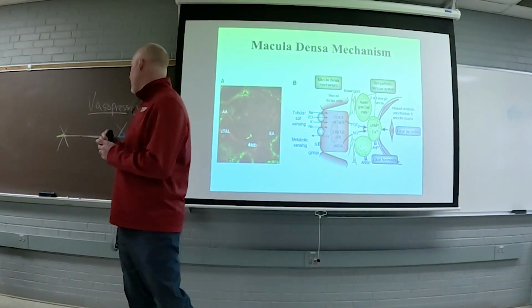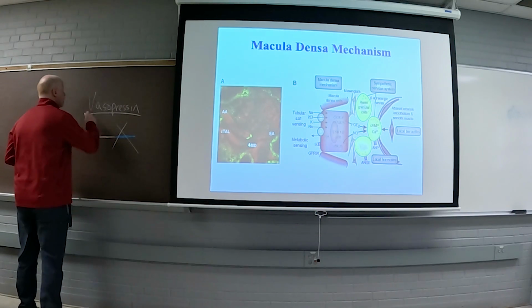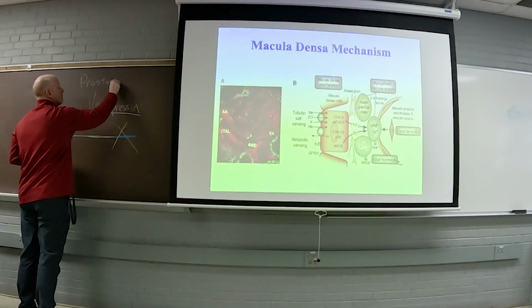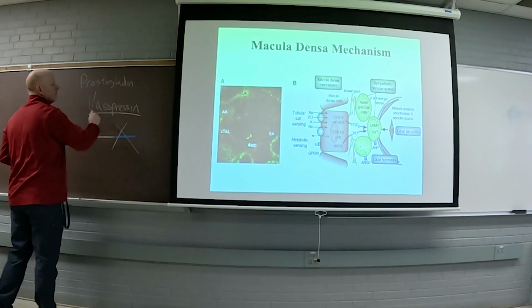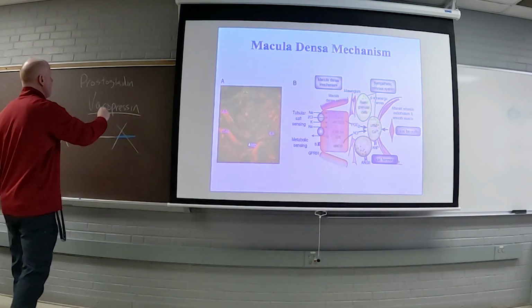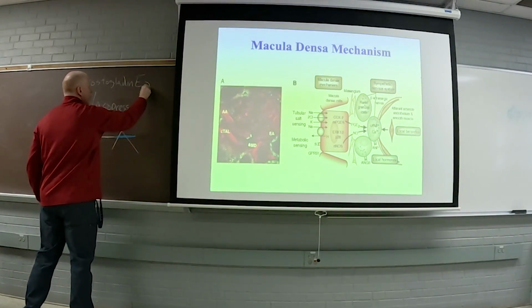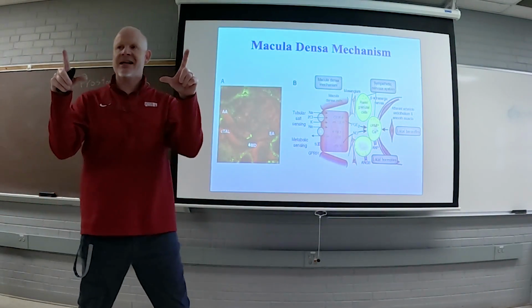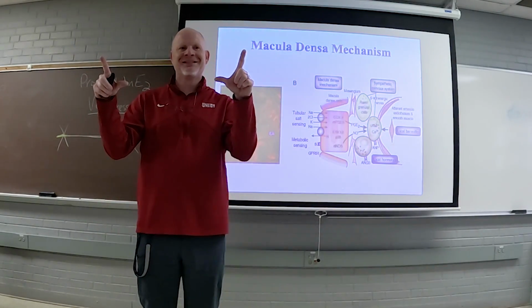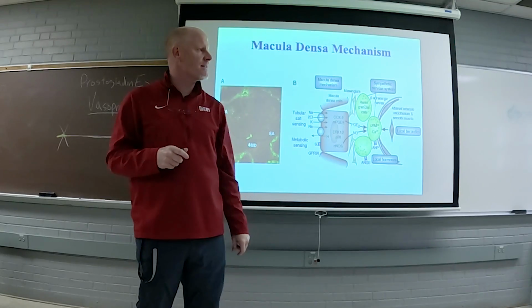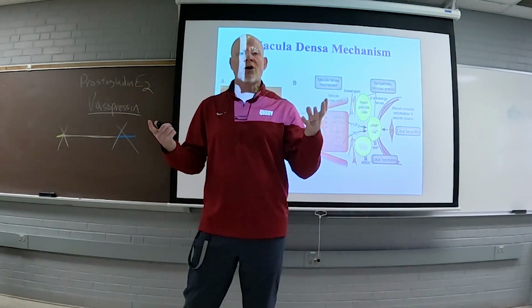So the one here is prostaglandin PGE, prostaglandin E2. There are a whole bunch of different prostaglandins. A prostaglandin is one of the fatty acid tails. So you cleave off the fatty acid tail, you might modify one of those fatty acid tails. A prostaglandin is a long carbon chain.